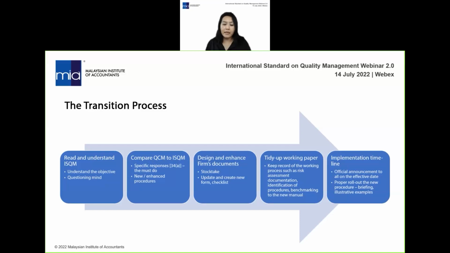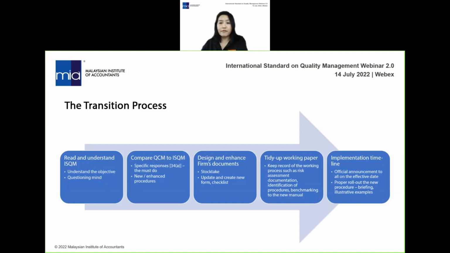All right. So I find there's one thing which is very helpful, which is to do benchmarking. After you have done your policies, and you have come out with all your worksheets and all the forms that you have, you do a benchmarking. Benchmarking means that this paragraph in your manual, for that policy, is to comply with which paragraph in your ISQM. And by performing this policy, you are to fill up which forms or which checklist, and then this checklist will be kept where?